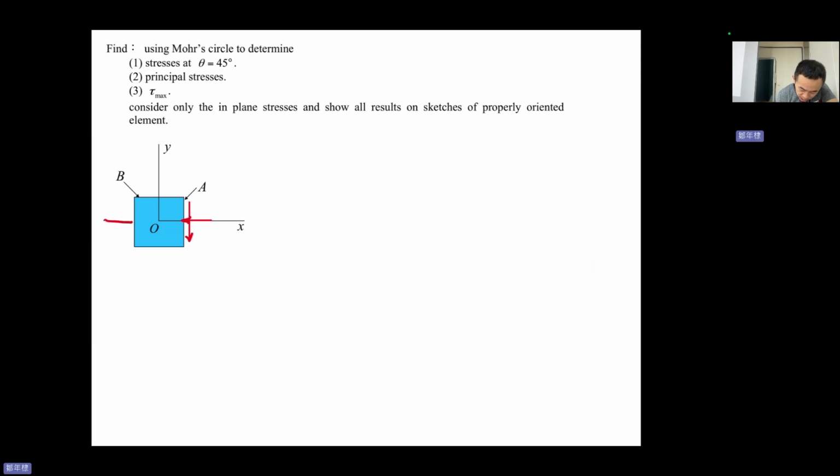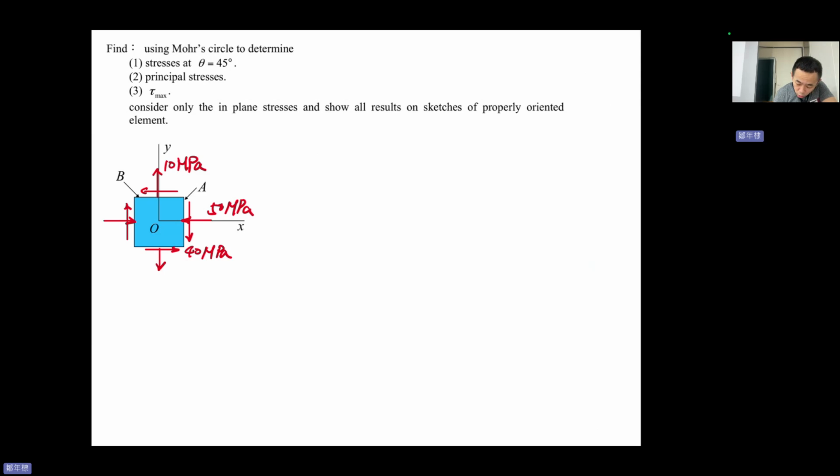Okay, compressive. This is a little bit different. So this is 50 MPa, this is 40 MPa, and this is 10 MPa.